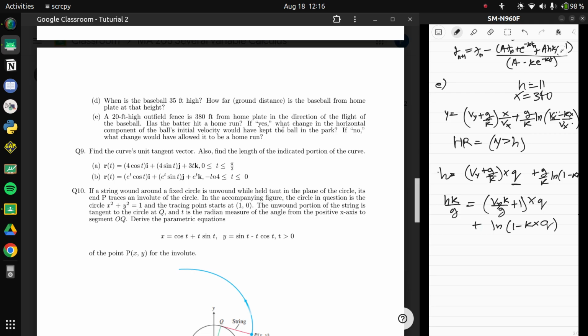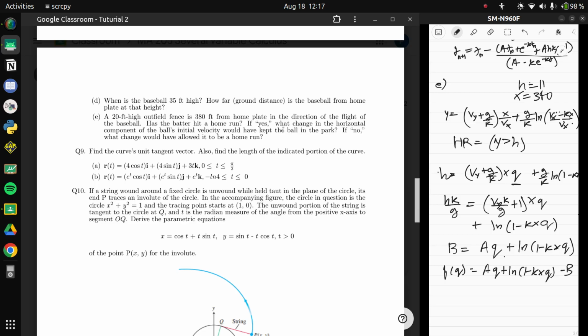Right, now we can call this thing a and this thing is b, so just b equal to aq plus natural log of 1 minus kxq. Sure, that's better. So now we'll just define our f of q to be aq plus natural log of 1 minus kxq minus b. Yep.